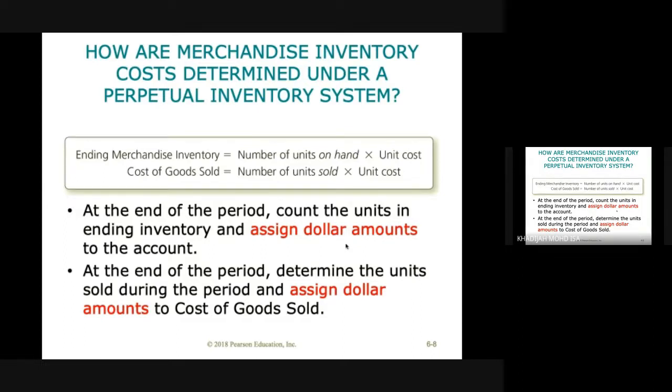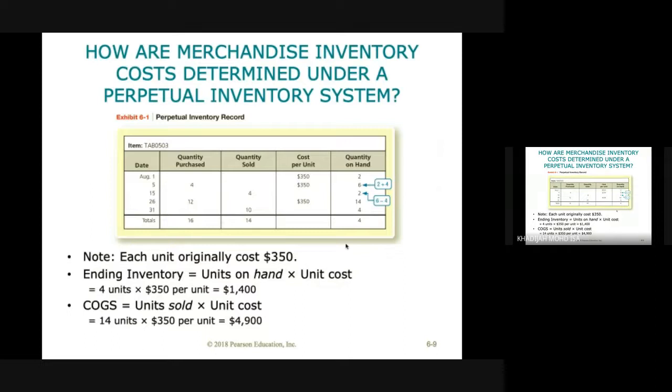In this case, for example, how are merchandise inventory costs determined under a perpetual inventory system? What is a perpetual? It means that the system records every transaction. Every time you purchase inventory, it will be recorded.